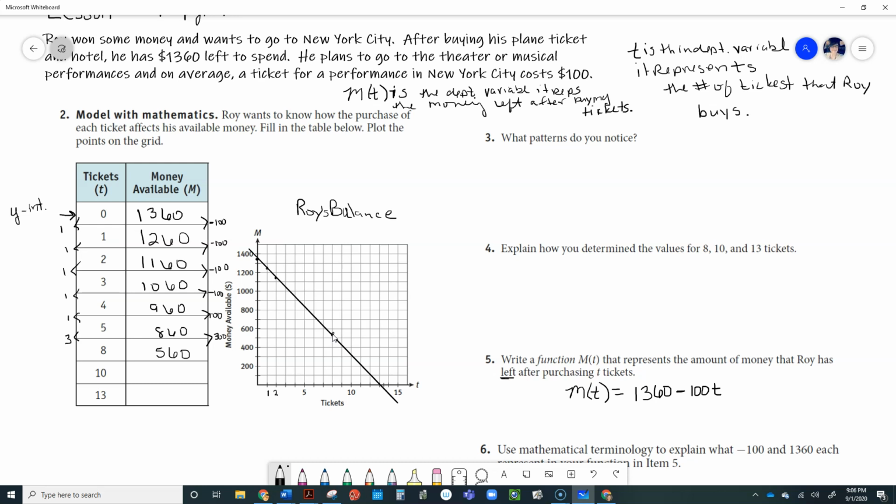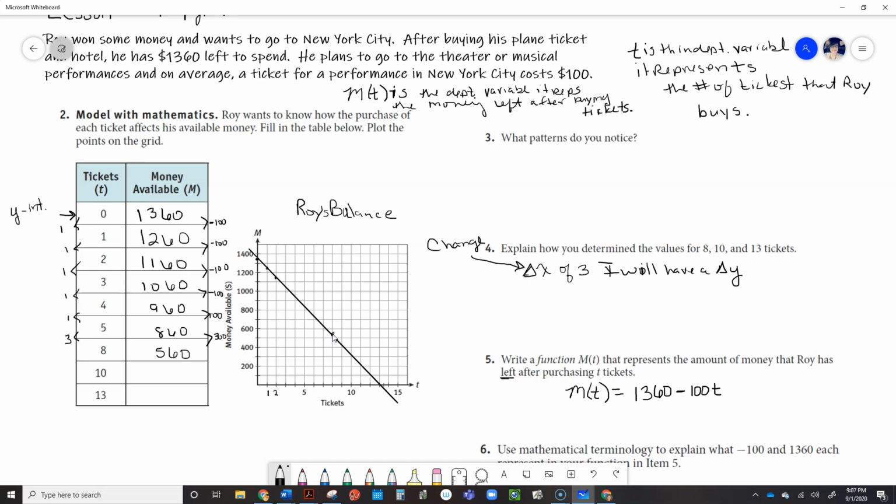So, explain how you would determine the values for 8. You could do like we did for a change in x's of 3. I will have a change in y's, and this triangle is the symbol for change.